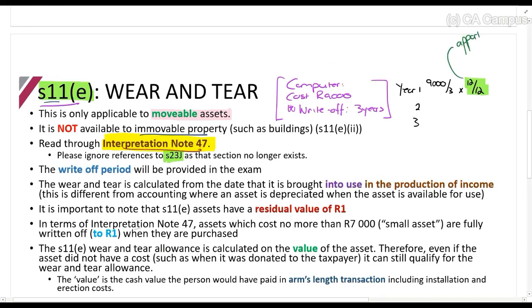Now guys, most of the capital allowances don't have apportionment, so this one you need to apportion. So what does that mean? It means if you used it for 7 months, then you would not have said times 12 over 12, you would have said times 7 over 12. Right, so you apportion it. Okay, so that's what I want you to see over there.